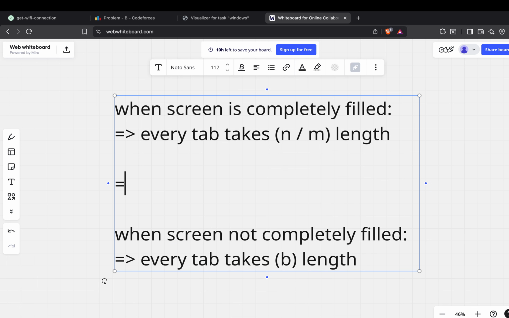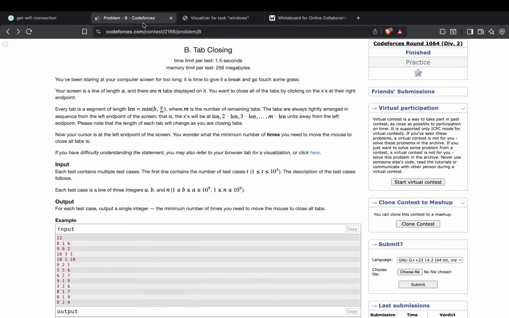So what is the mathematics here? How would you discriminate whether a screen is completely filled or not? Okay, so not N by M, it's actually A. A is the total length.